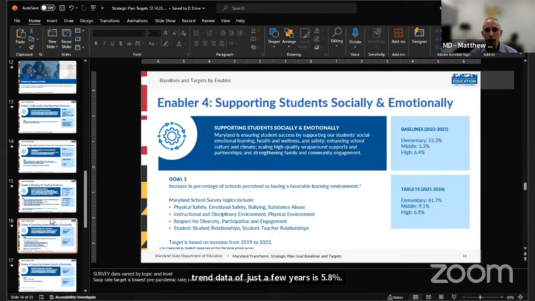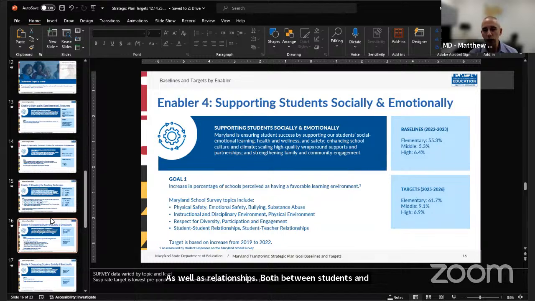Enabler 4, on supporting students socially and emotionally. Our goal is to increase the percentage of schools perceived as having a favorable learning environment. And this is based on the Maryland School Survey students' responses. Just a note there on the slide, the bullet points, the school survey includes multiple topics around safety, environment, as well as relationships, both between students and teachers.